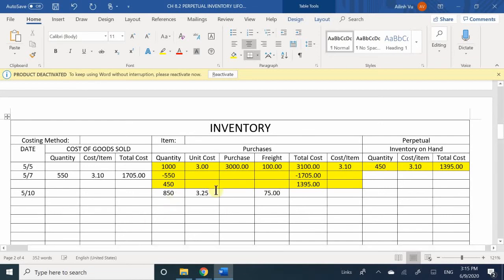How much is our total purchases? 2,762.50.